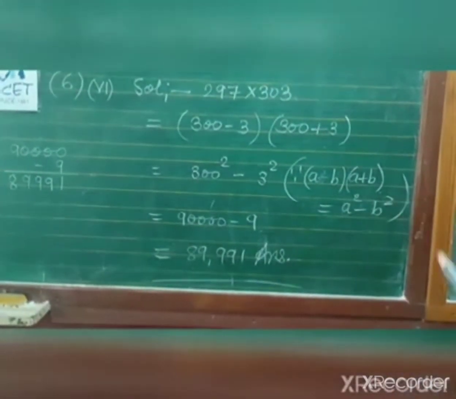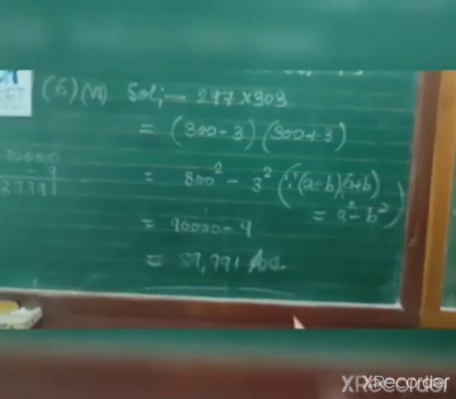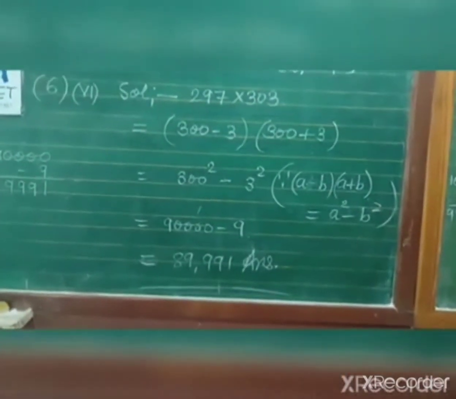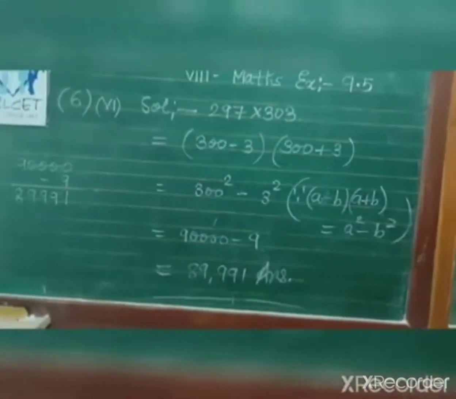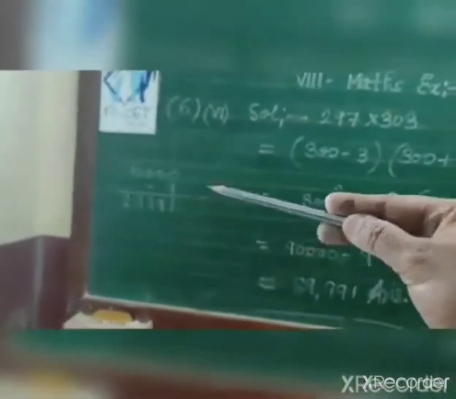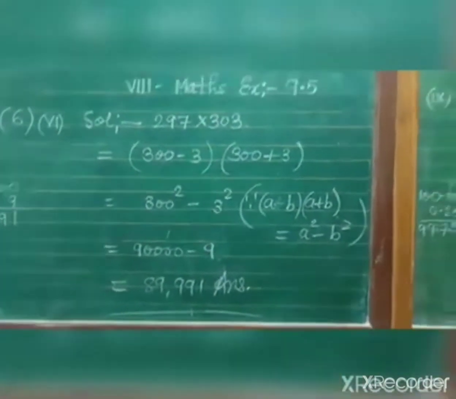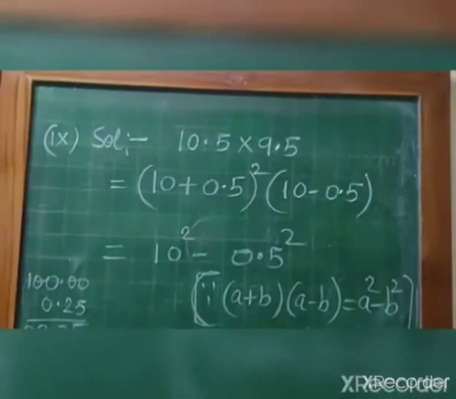So a square minus b square, so 300 square minus 3 square. So 300 into 300, 9 with 4 zeros. So 90,000 minus 3 3s are 9. When you subtract, you will get 89,991.